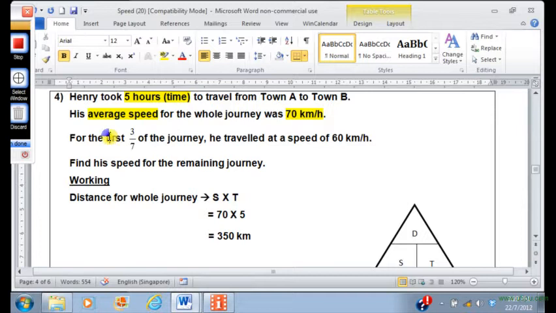For the first 3/7 of the journey, he traveled at a speed of 60 kilometers per hour. So we can actually find the distance. So I'm going to copy this entire phrase.